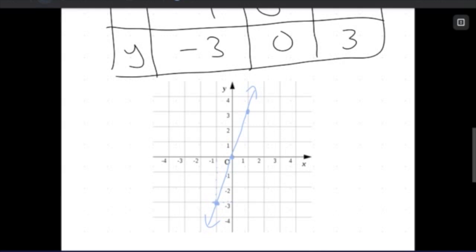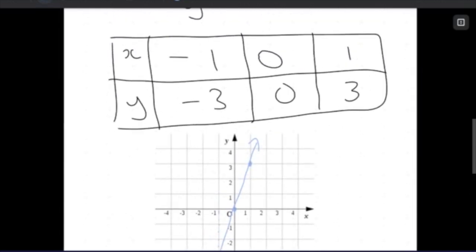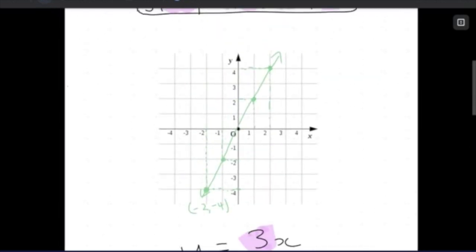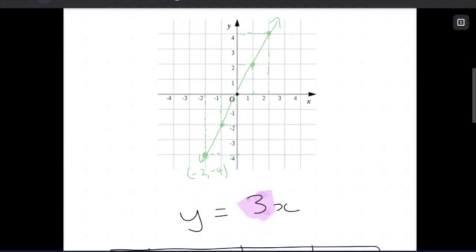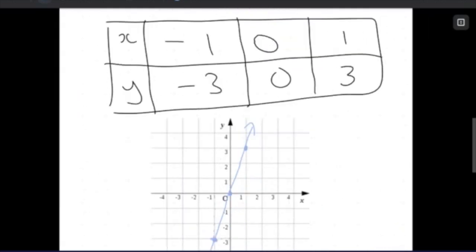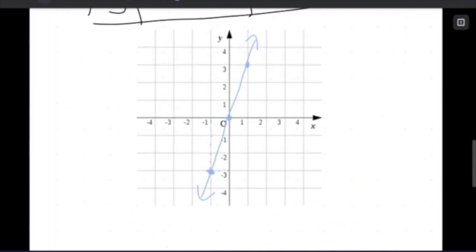Now, let's actually compare this to the one we had before. Well, cool. They're both straight lines. That's a similarity we can pick off. They both have variables, x and y, which are constantly changing. And this one, though, to me, I don't know about you guys, but it looks a little bit steeper.